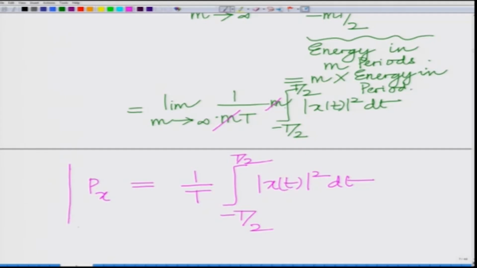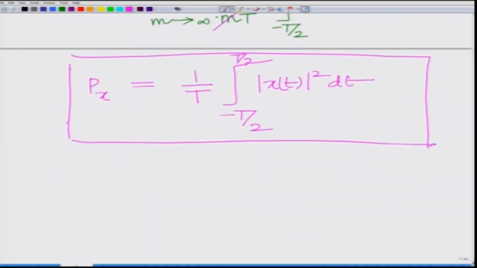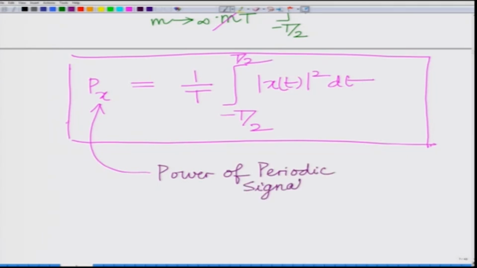This is the power P_x of the periodic signal.